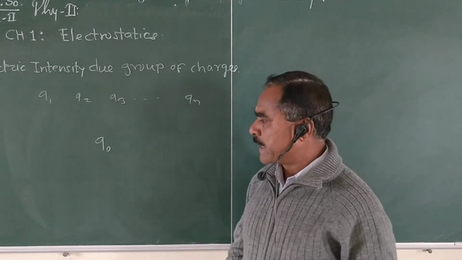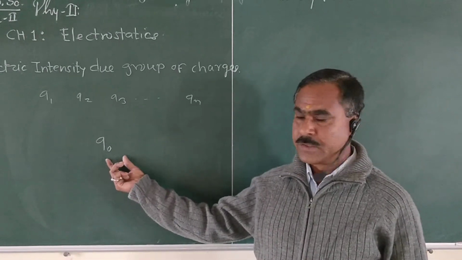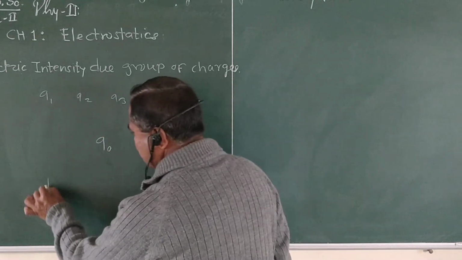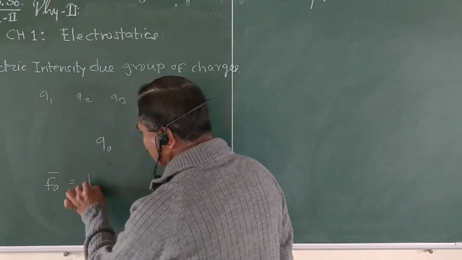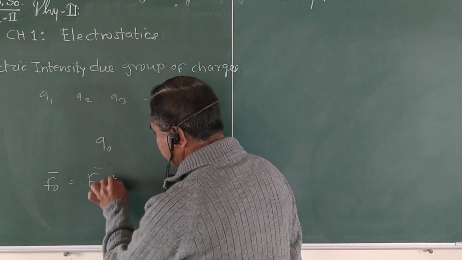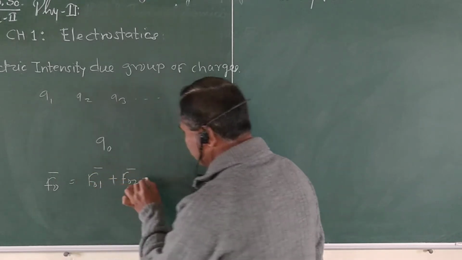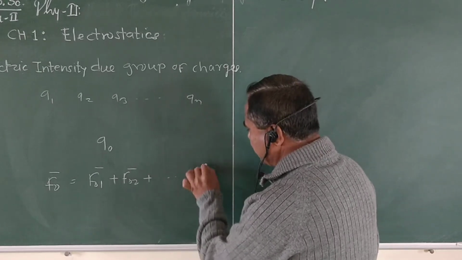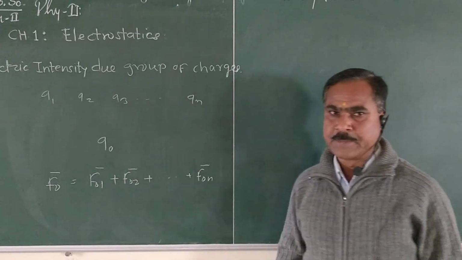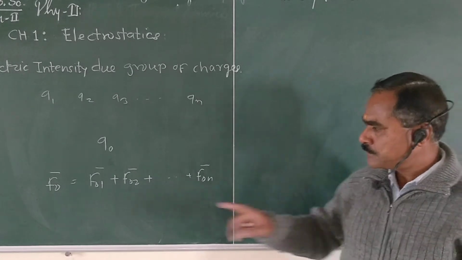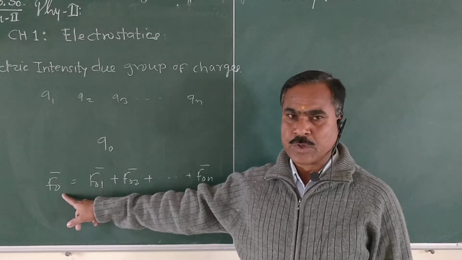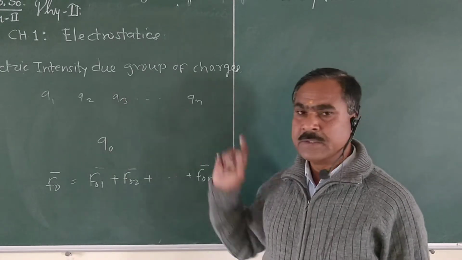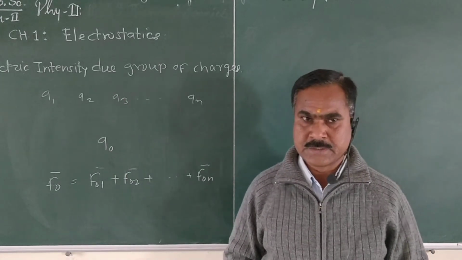Therefore, the total force acting on charge Q naught can be written as F naught bar equal to F naught 1 bar plus F naught 2 bar plus up to F naught n bar. That means this is the total force acting on charge Q naught due to all other charges.